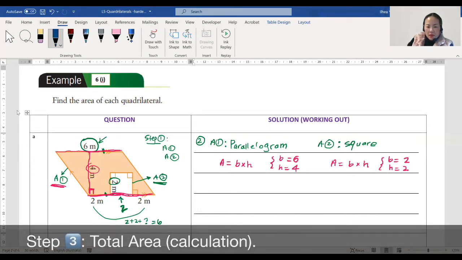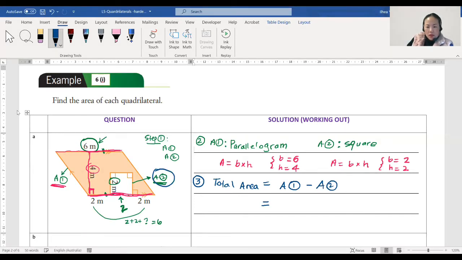Third step, I'm going to now calculate the total area. Total area equals area 1. Always start with the bigger shape. Area 1, take away area 2. Why? It has a big hole in it. So it was base times height minus base times height. 6 times 4 for area 1.